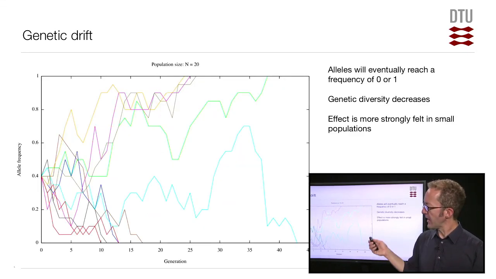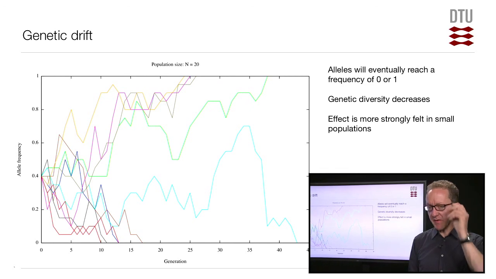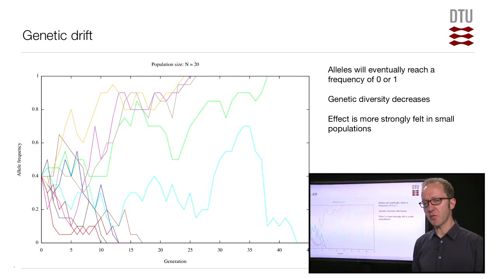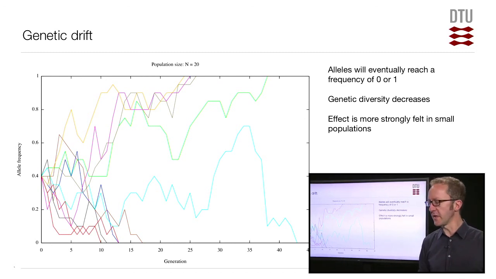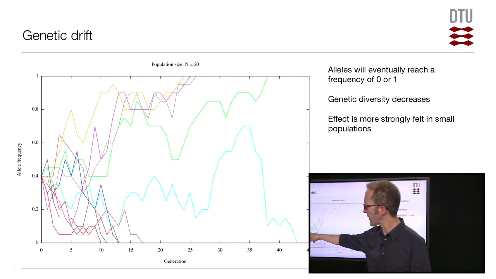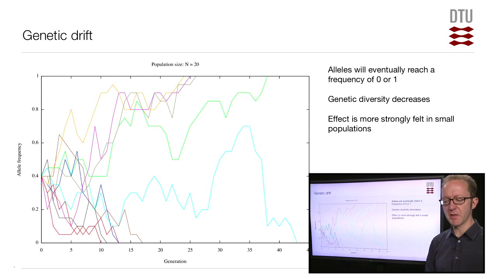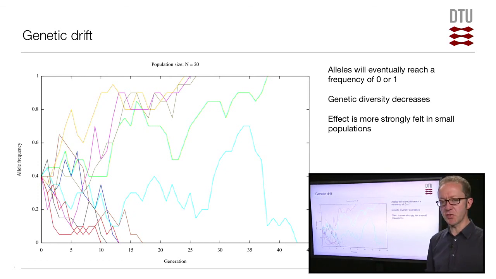I've shown a simulation of that here, where I've simulated population growth for a population size of 20 individuals having 2 different alleles. One of the alleles starts out in all of these simulations with a frequency of 40%. Then I let them run, each individual has 200 offspring, and then I randomly select 20 individuals for each new generation.